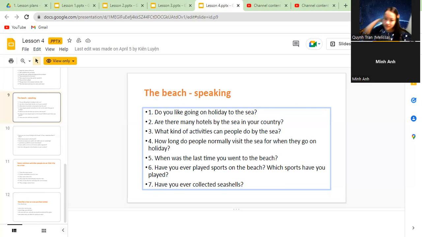Interested in, fond of, love, fancy. There are tons of vocabulary synonyms of like. So instead of just saying I really like, we can paraphrase that. Okay, so the first one here.